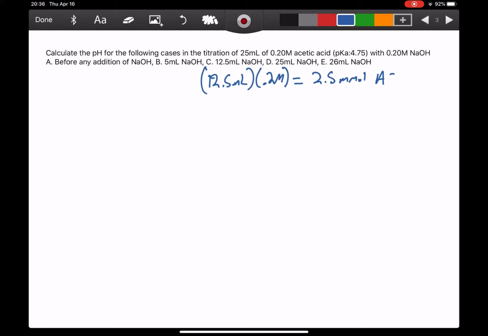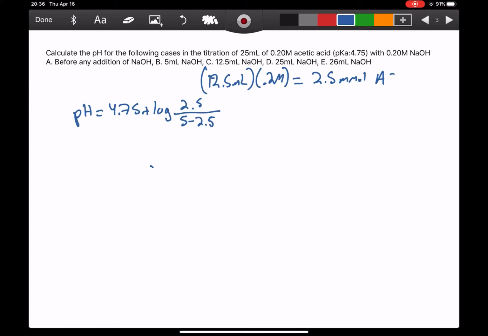And we know previously that we had 5 millimoles of acetic acid to begin with. So now we can put pH is equal to 4.75 plus the log of 2.5 over 5 minus 2.5, which is 2.5, which 2.5 divided by 2.5 is 1.